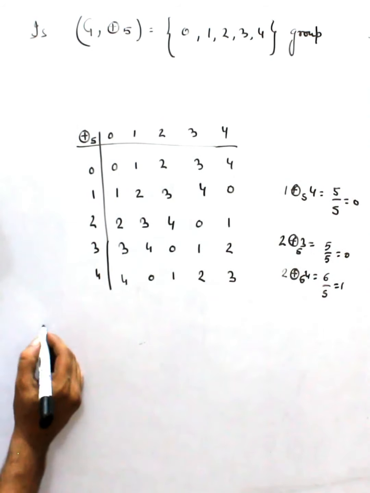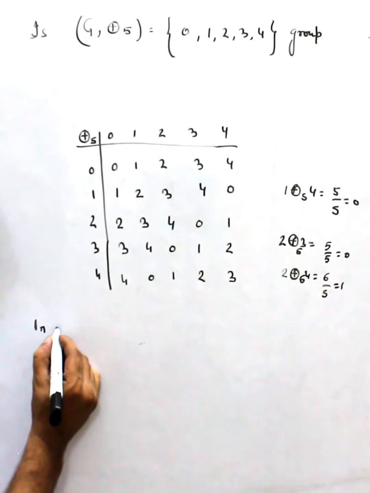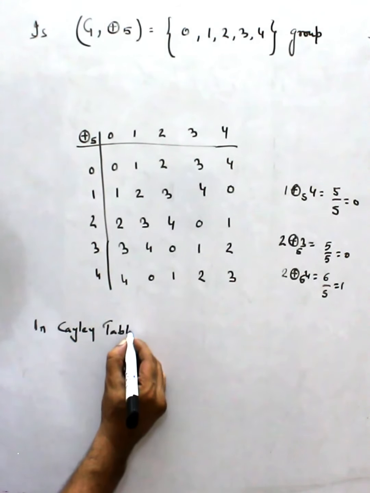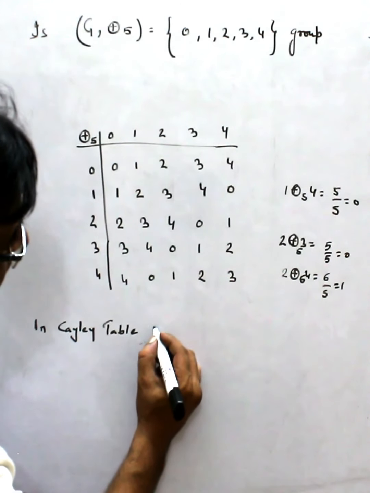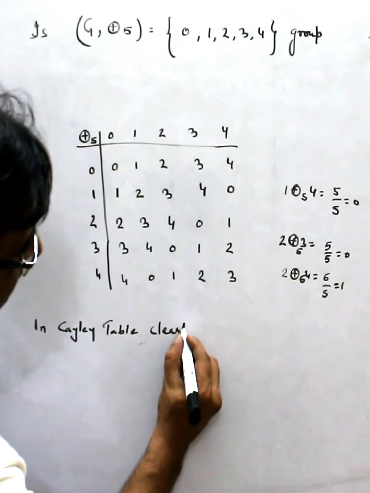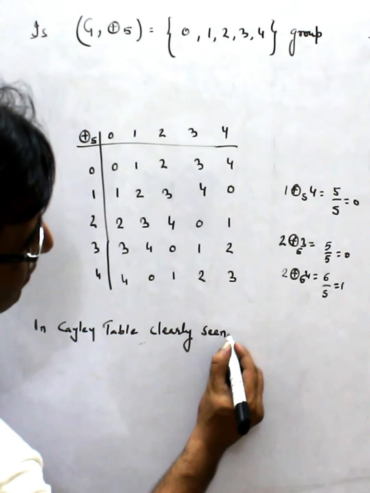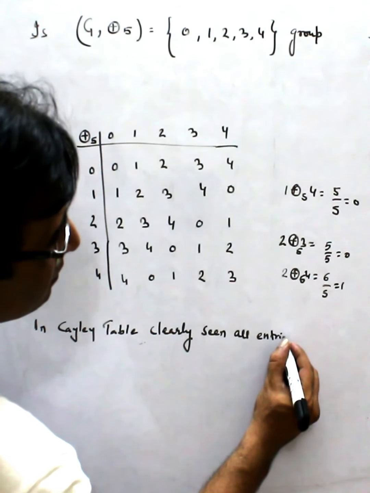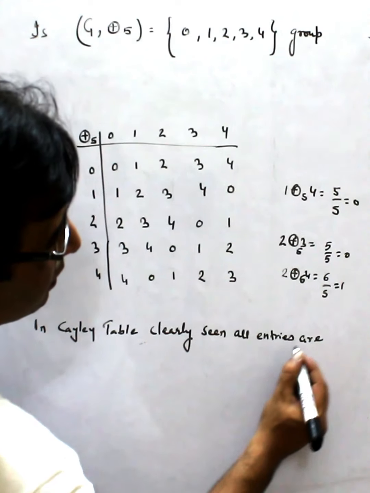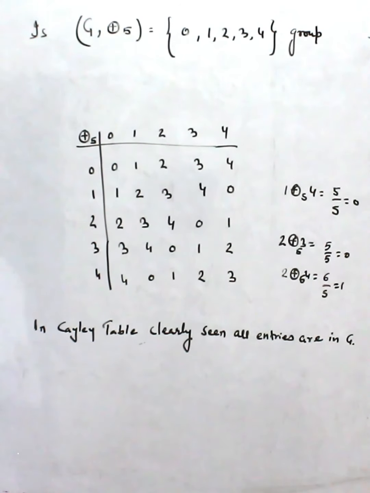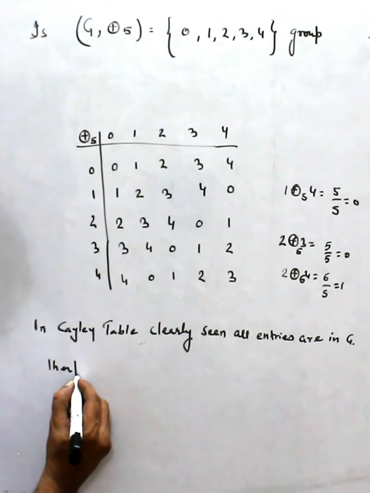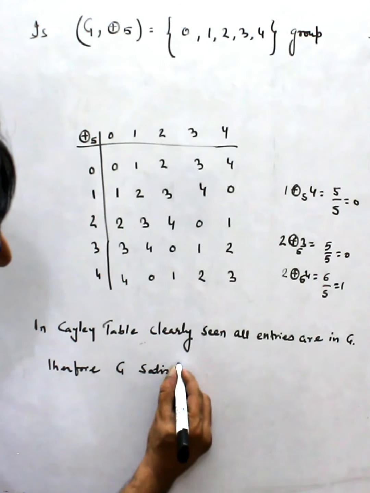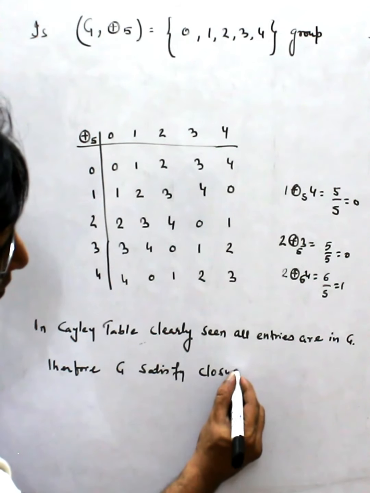So in the Cayley table, it is clearly seen all entries are in G. Therefore G satisfies the closure property.